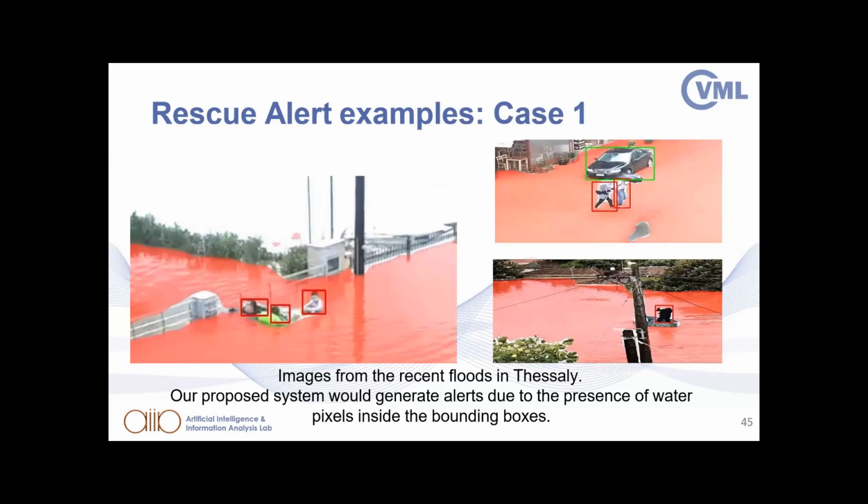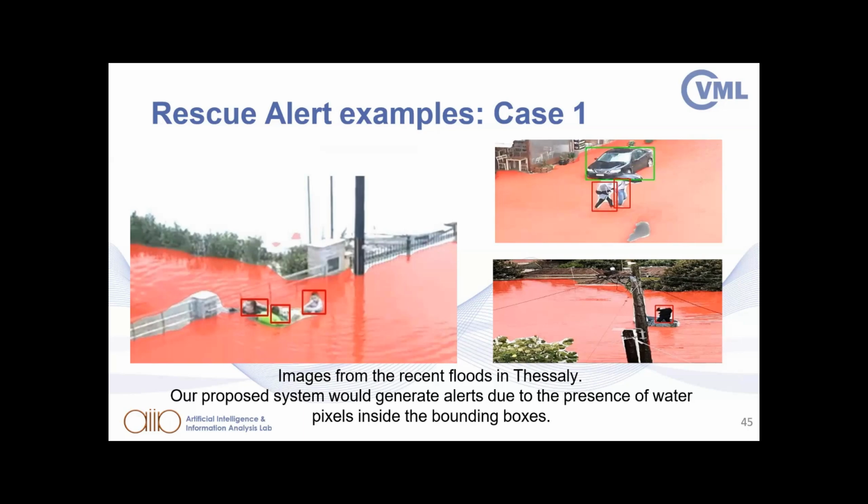So here again we have an example from the Thessaly floods, where our system was used to identify critical rescue scenarios. With the red mask, we represent the flood water segmented by the system. And also in the images, we can see how the system detected humans and vehicles using the bounding boxes.